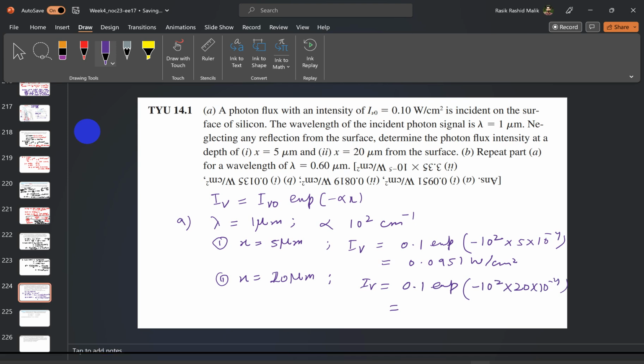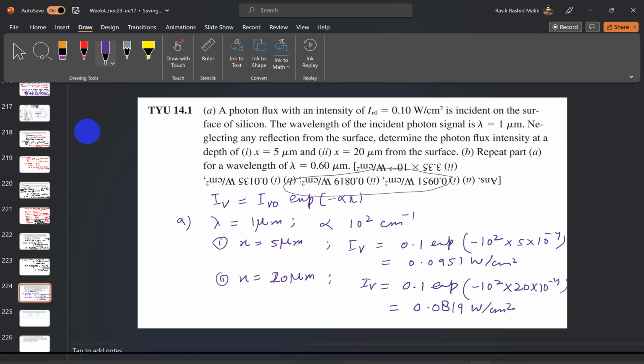It is coming out to be equal to 0.0819. So this solves the part A of the question, and we got the values, the first two values in the answer.